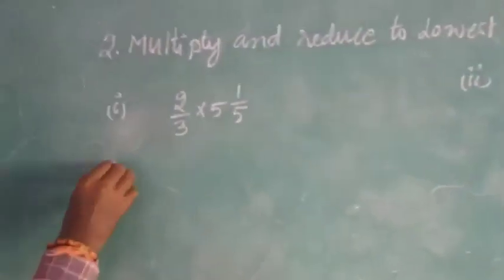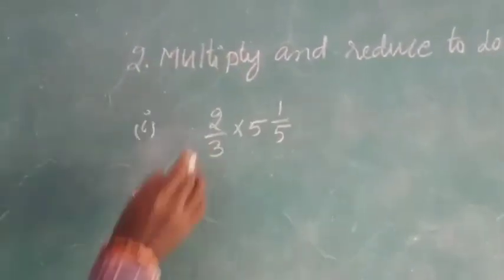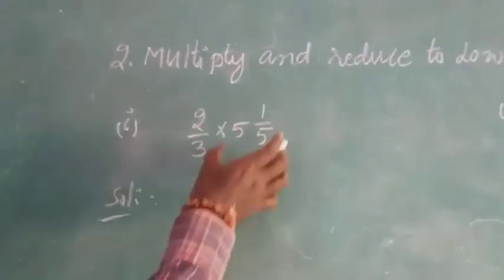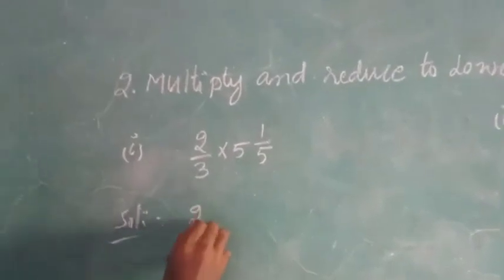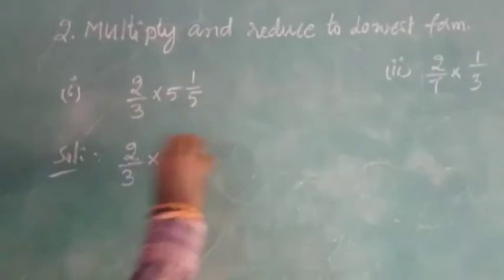See here, it said clearly multiply. Which fraction is this? A proper fraction, and the other is a mixed fraction. Let me write the question as 2/3 into 5 1/5.